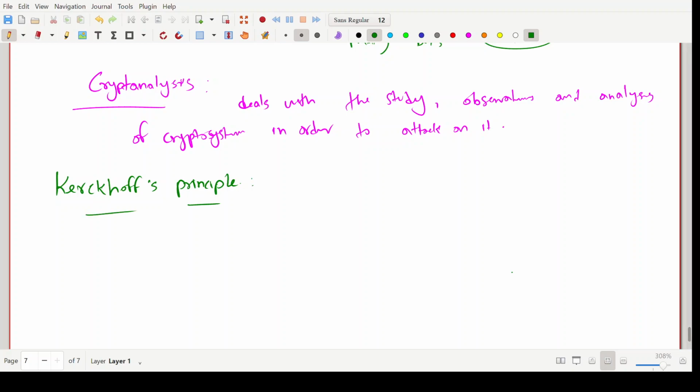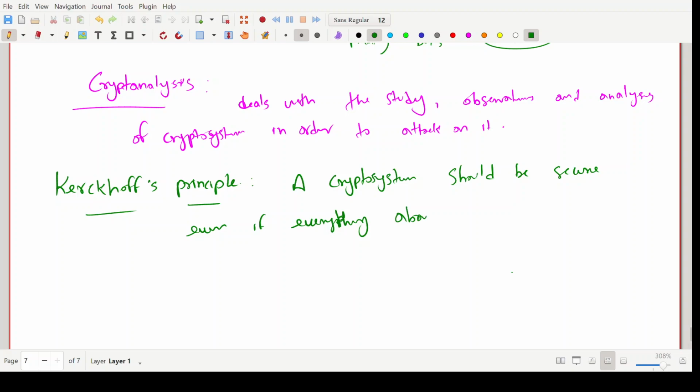It says that a crypto system should be secure even if everything about the system except the key is publicly known.